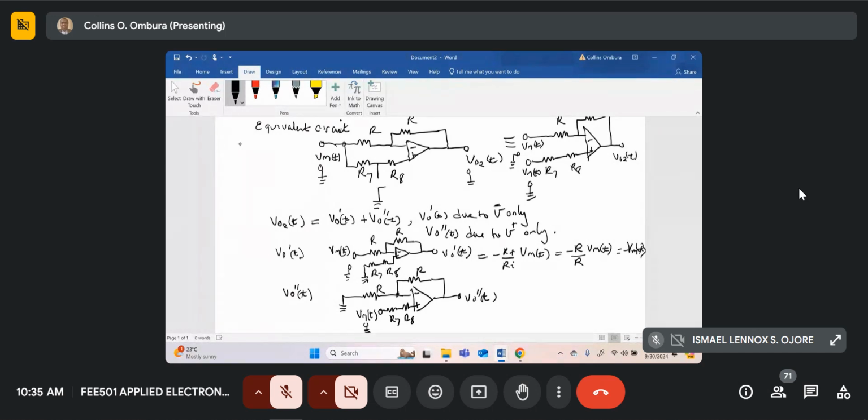So if the voltage at the positive input was P, the voltage at the negative input will also be P. And that voltage P will send a current in this direction. Let's assume this current is I, and this current must pass through the feedback resistance. This side positive and the other side negative. So let's find out what I is.